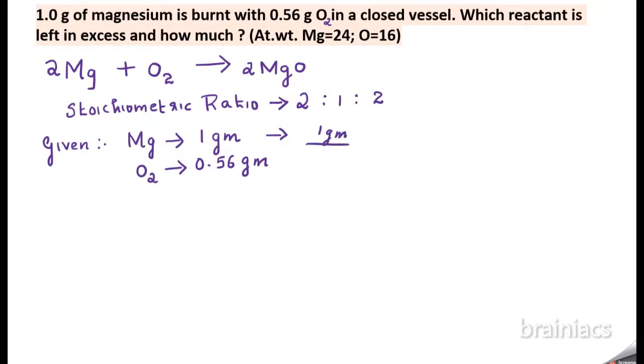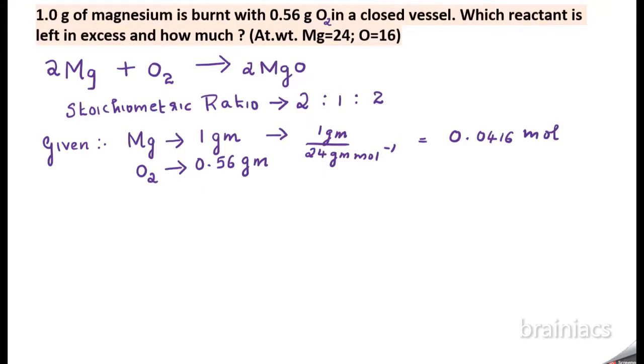The atomic mass of magnesium is 24 gram per mole, correct, gram mole raised to -1. If you divide 1 by 24, this will come around 0.0416 mole. So the first quantity we have converted into mole.